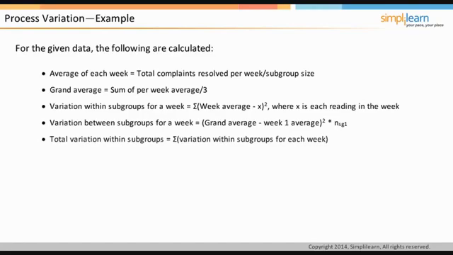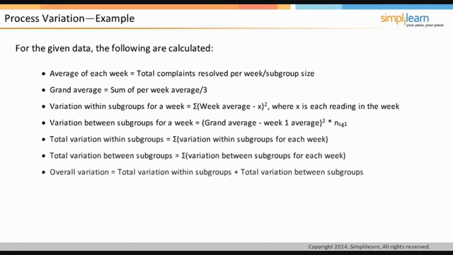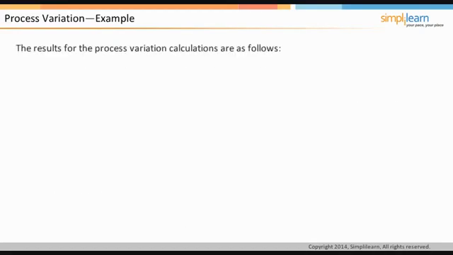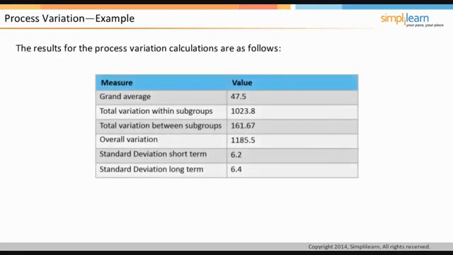This is followed by calculating the total variations within and between subgroups. Overall variation is given by the sum of total variation within subgroups and total variation between subgroups. Finally, the standard deviations for the short term and the long term are calculated using the formulae given on the screen.